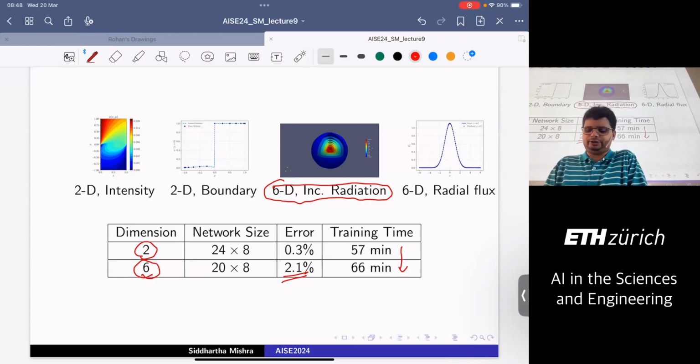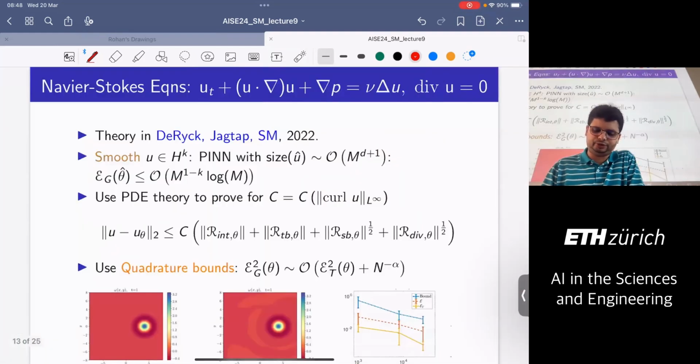Maybe in modern computers, this will take 7 days, but there are 2 orders of magnitude here, and you can get 2% error. So again, there is in principle a mathematical guarantee, which is also reflected in the practice. So high dimensional problems, that's good for this kind of construction.